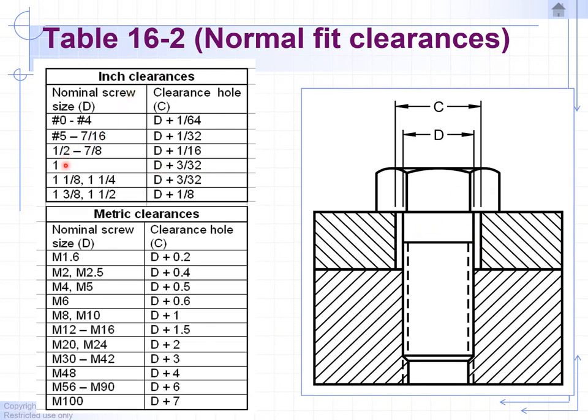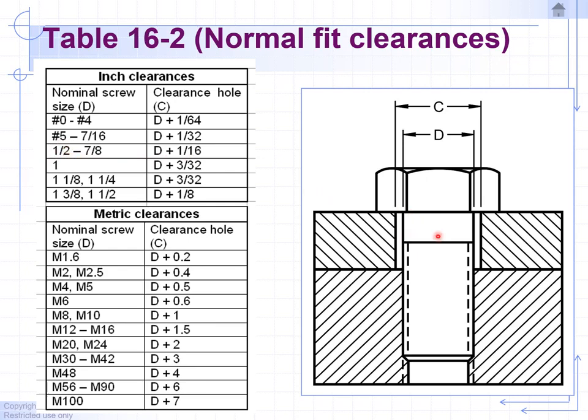Okay, if you're dealing with something under an inch in diameter, so let's say you have a 1/2 inch diameter up to 7/8, then you're going to add to that diameter 1/16 of an inch, which is 0.0625. So let's say we're dealing with the 1/2 inch diameter, which is 0.50 inches.